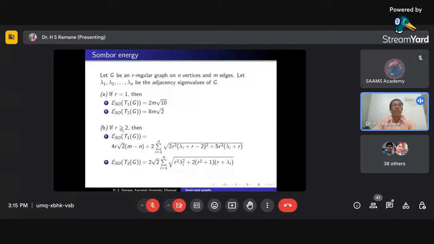If r is more than or equal to 2, then the Sommer energy of the semi-total line graph is given by this expression, and for the point graph it is given by this expression, in terms of the adjacency eigenvalues of a graph G.